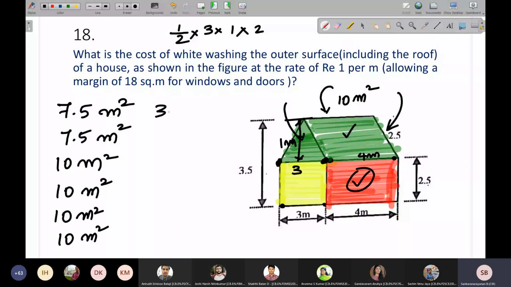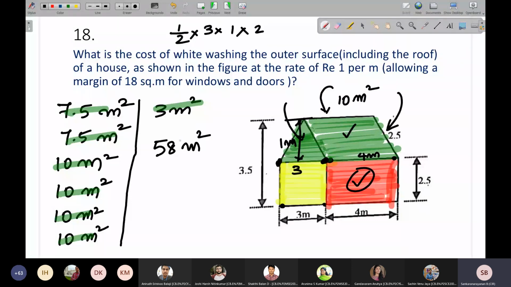Got it? So now I want you all to add all these areas together. Quickly add all these areas together. How much does it come to? 10, 20, 30, 40, 55 plus 3, 58. 58 meters square. Correct? So that is the total area considering all these shapes here.